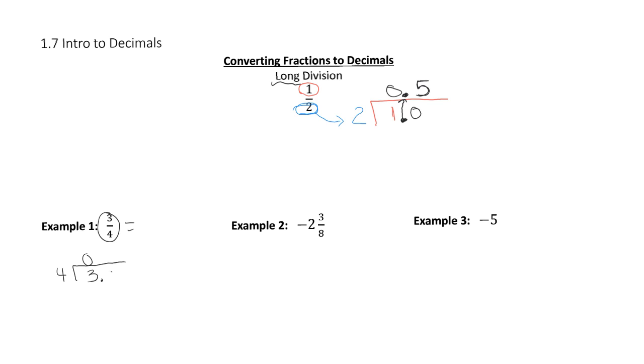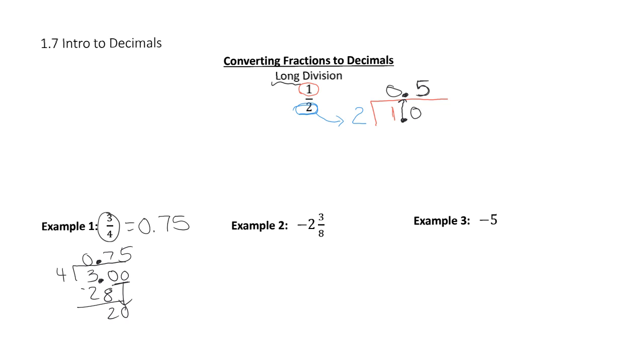Goes 0 times, so we put a 0 there. Goes 7. Bring as many zeros down as you need. In this case, we needed 2 zeros. That's okay. Don't forget, if you put a point here, it goes straight up. So 3/4 is actually 0.75.